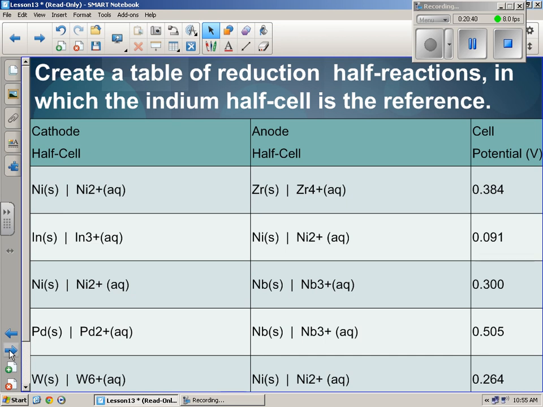And to do that, we have to start somewhere, just like you did when you started organizing these. You have to start with one thing and compare everything to it. The good thing about this is I'll tell you what to start with. It says right here which one you should start with. The indium half cell is the reference half cell, and they'll tell you that.